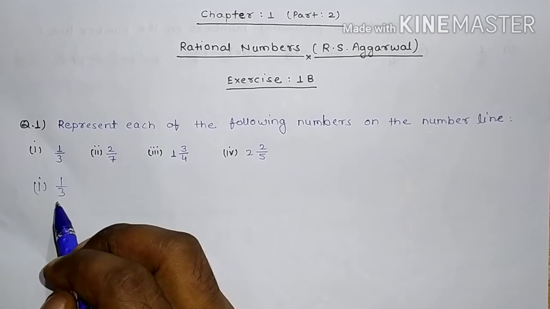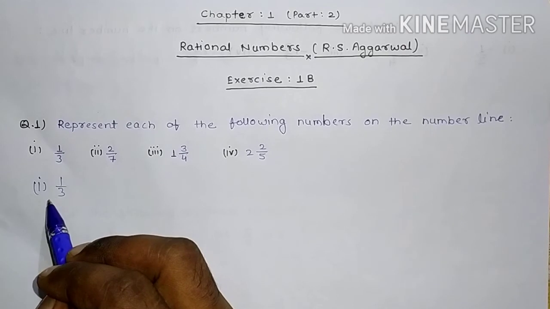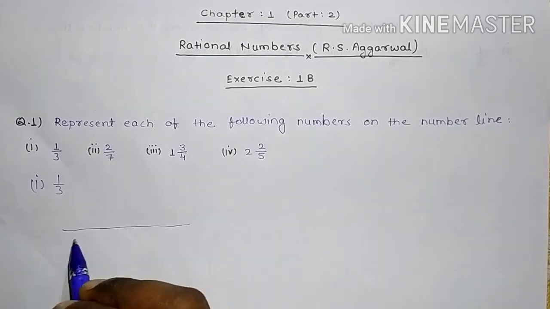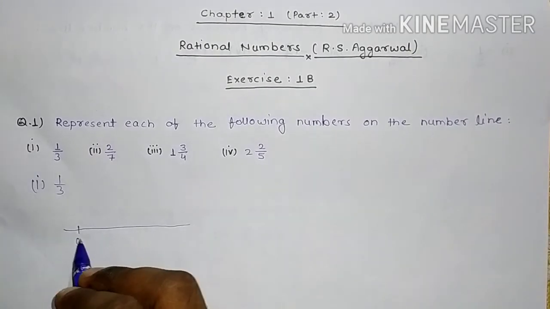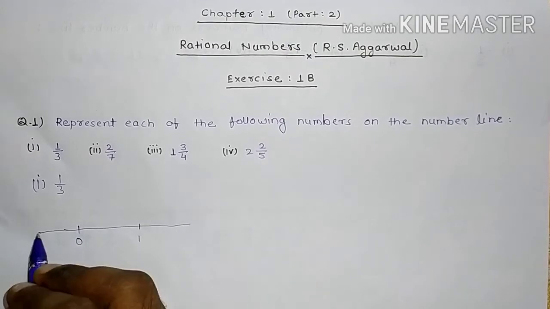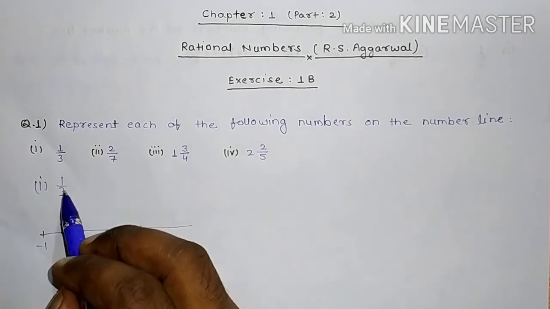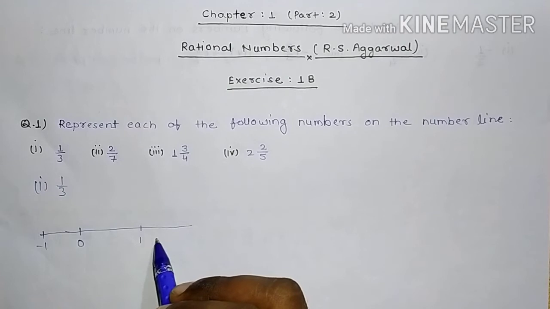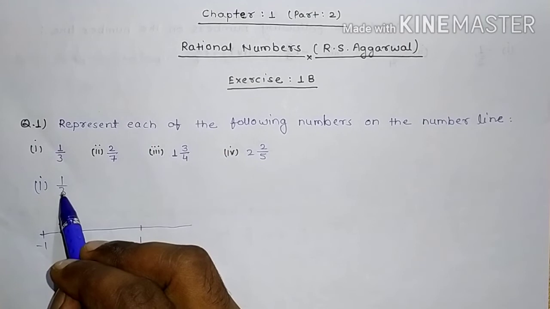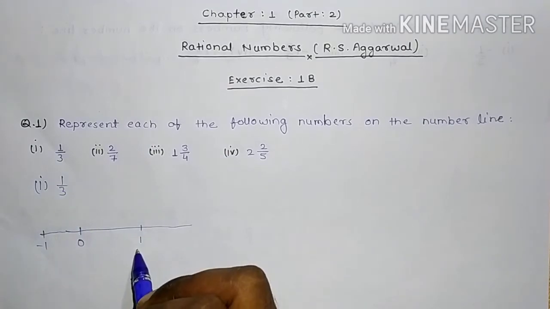In this case, and this is positive number, here I am writing, this is a number line, this is a 0, this is 1, and this is -1, and so on. Now we have to represent 1 by 3 in the number line, and we know that 1 is less than 3. So if the numerator is less than denominator, then this number lie between 0 to 1. We know that. That's why.